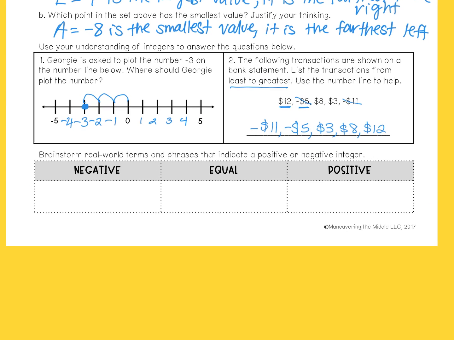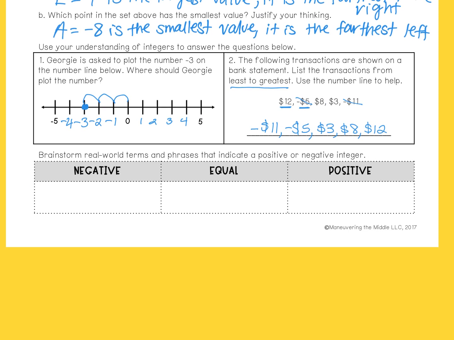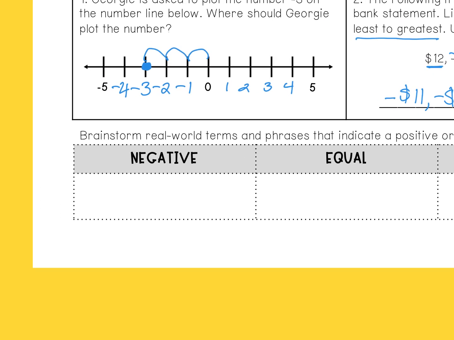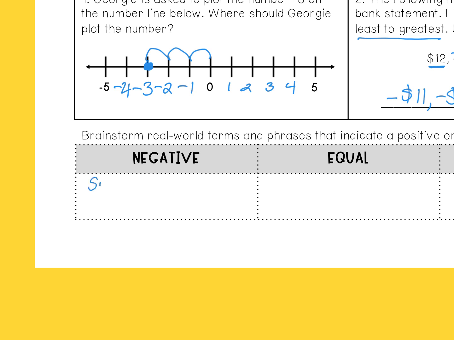Now we're going to brainstorm some real world terms and phrases that indicate a positive or negative integer. So most of the time we use integers when we're talking about money, or when we're talking about the temperature outside. So some real world examples for negative would be to spend. I spent money.